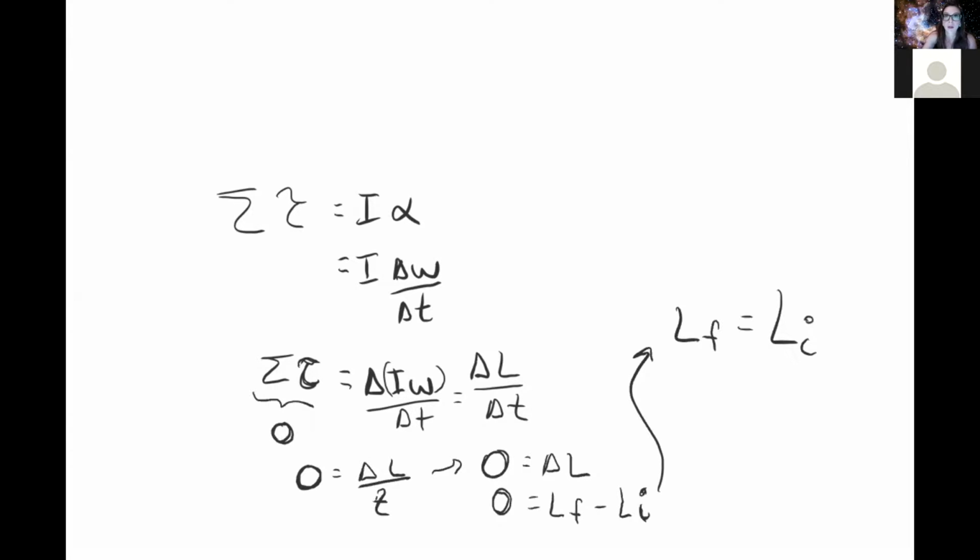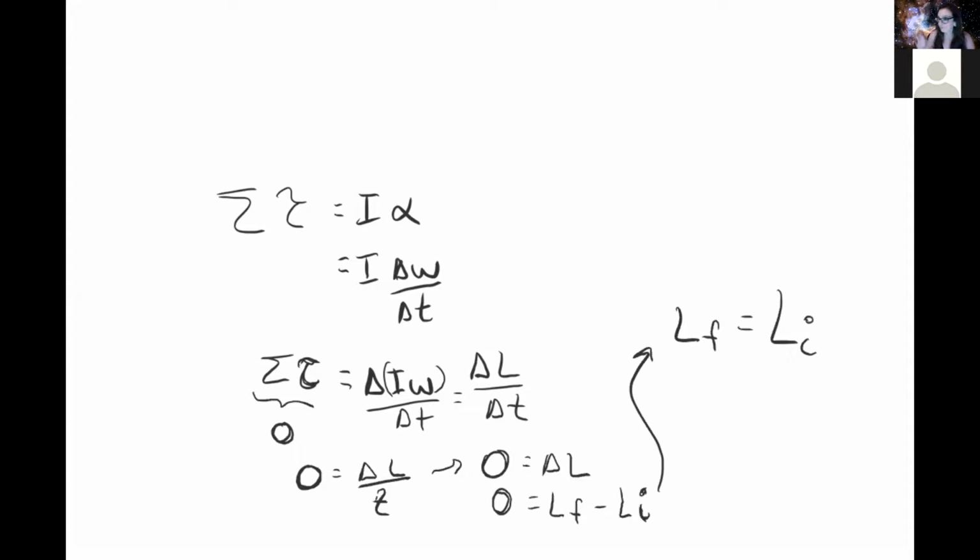And we see this happening all the time in our universe. This is conservation of angular momentum, just like conservation of energy, where the angular momentum has to remain constant in time, or where the energy has to remain constant in time. It's happening in our solar system. It's happening in galaxies.